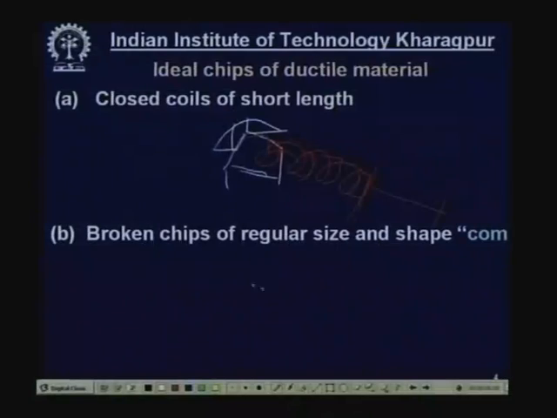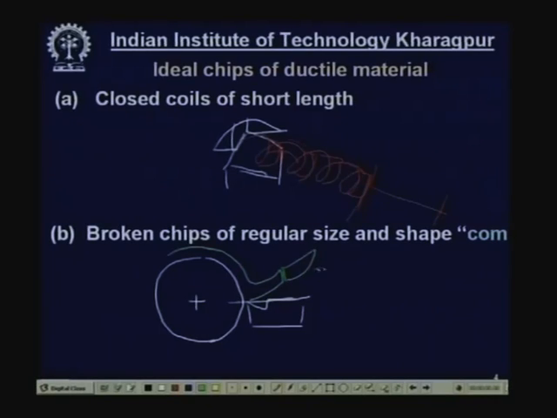The other type, the convenient or ideal type of chip, is the broken chips of regular size and shape. Suppose you machine a rod with a tool. Now, the chips will come out and at regular intervals will break in the form of comma shaped or half turn.